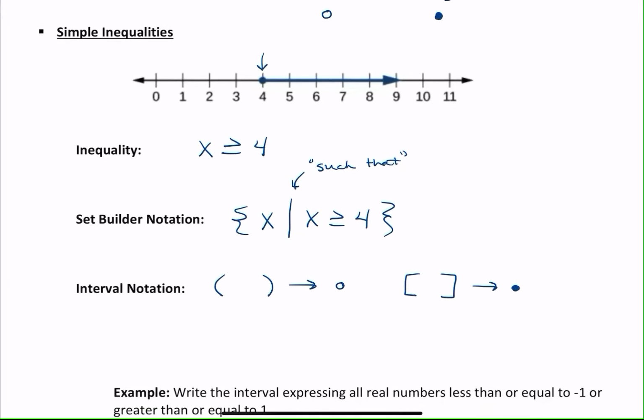So on this one, since we're including 4, it's going to have a bracket on 4, and then it goes to infinity. And then on infinity, you're going to have a parentheses because you can never actually reach infinity. So whenever you're going to positive or negative infinity, it'll use a parentheses, never a bracket, because you can never include infinity.